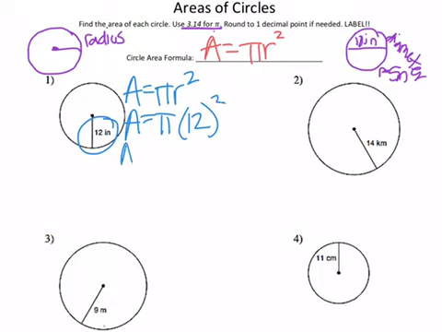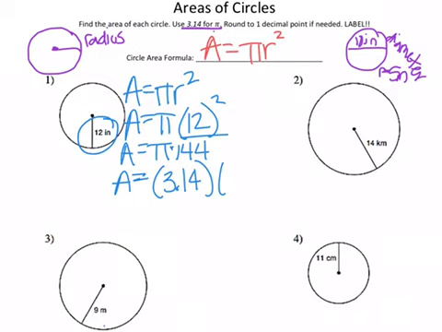Now we just start solving using order of operations. It's always parentheses, which I know we have with the 12, but we're not needing to simplify inside the parentheses. So the next would be exponents. 12 squared is 12 times 12, which is 144. So I have pi times 144. Now pi, they told us to plug in 3.14 times 144.